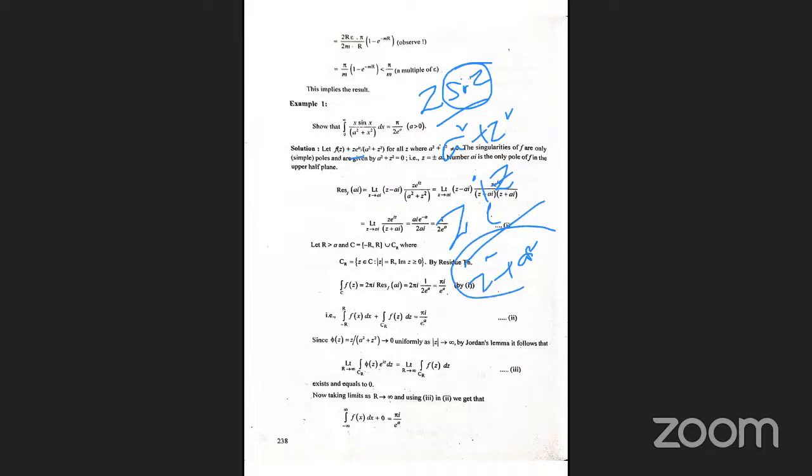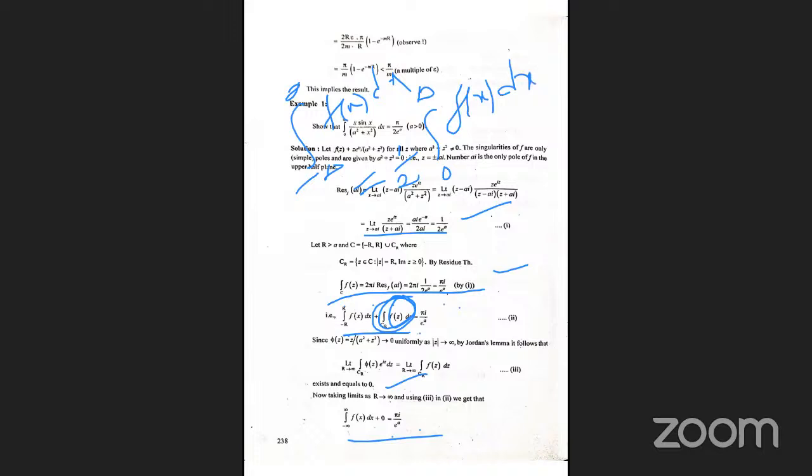Okay, now we found the singularities and the residues. Then the complete integration becomes 2 pi into the residue. We need the integral from minus r to r of f of x dx plus the integral over Cr of f of z dz equal to pi I by e power of a.